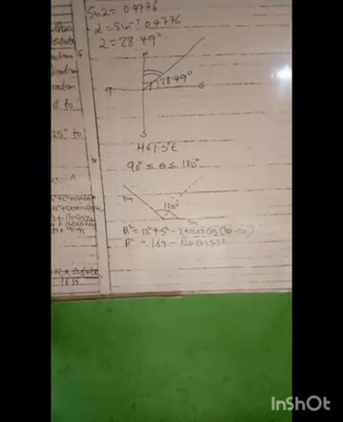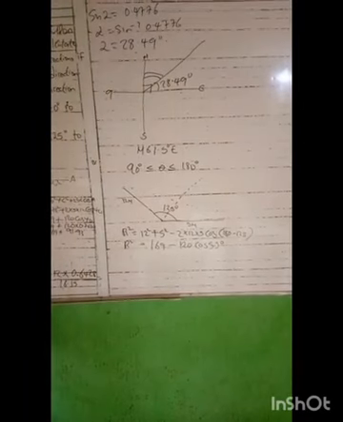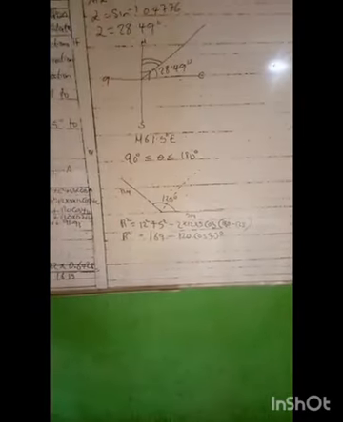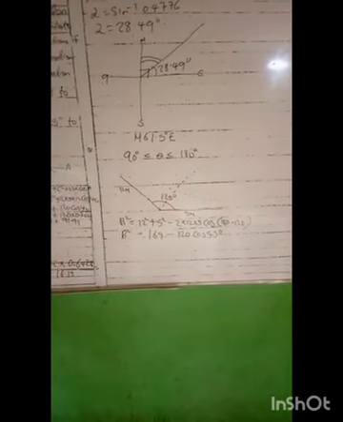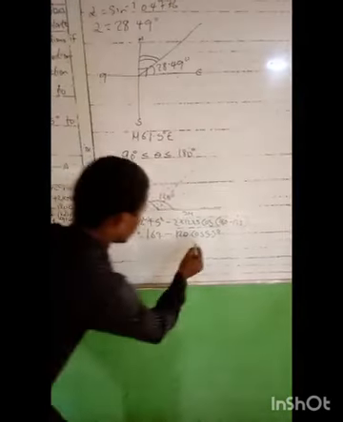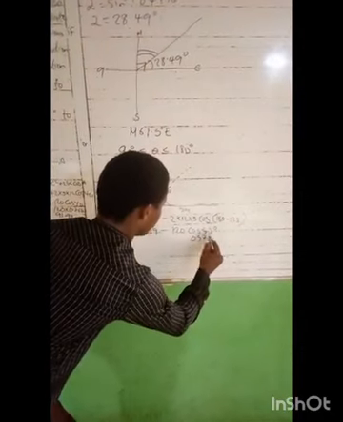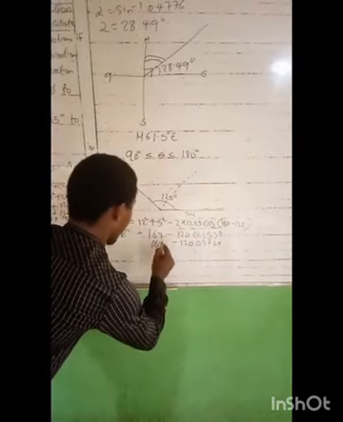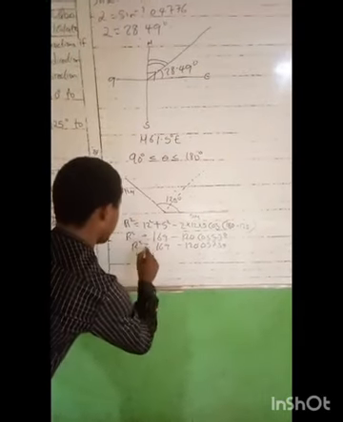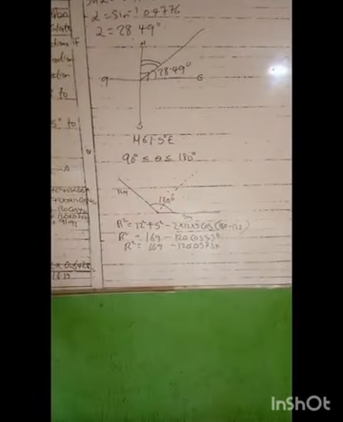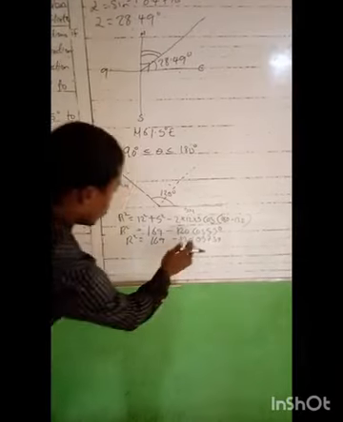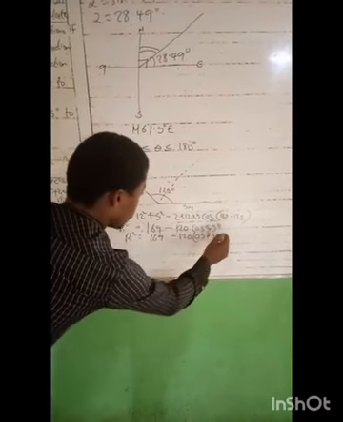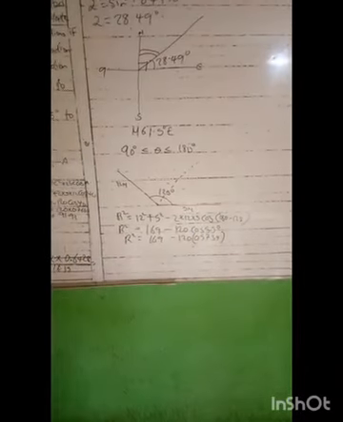So 120 cos 55 degrees, what's it going to give me? Cos 55 is going to give us 0.5735. So this will give me 169 minus 120 multiplied by 0.5735.